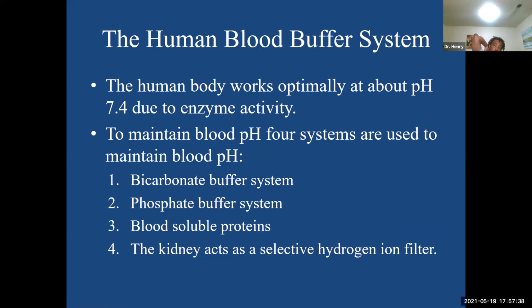Okay, so your body has its own buffering system. Your pH is between 7.2 and 7.4. What keeps your pH the way it is, is that our body has a couple of homeostatic systems. One of them is the bicarbonate.